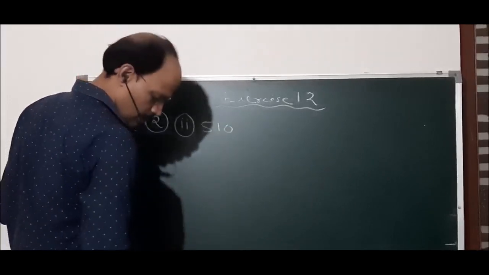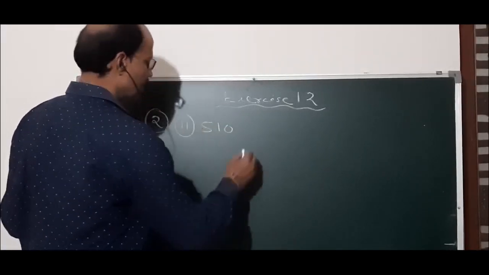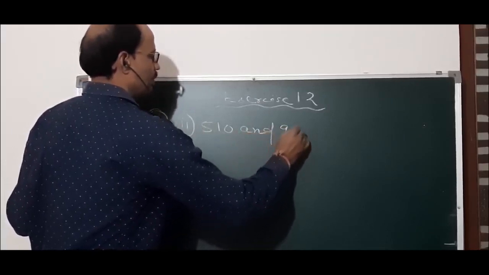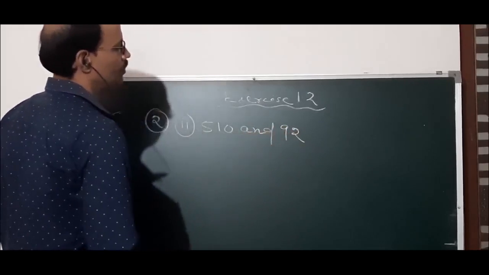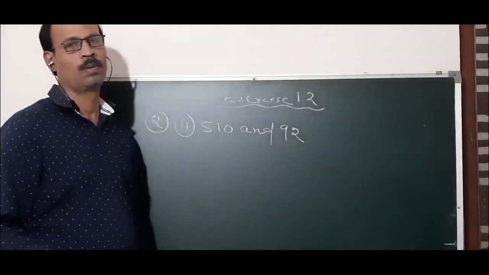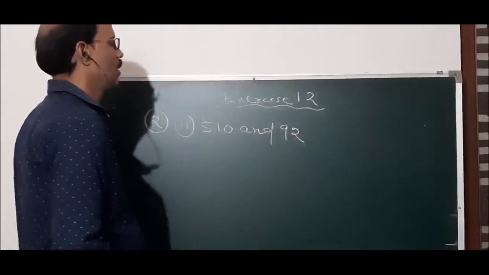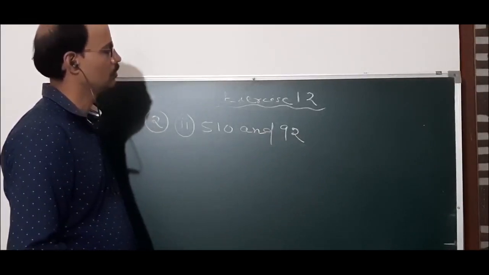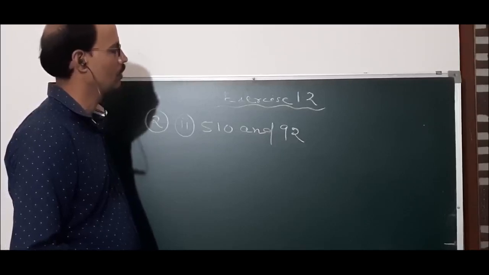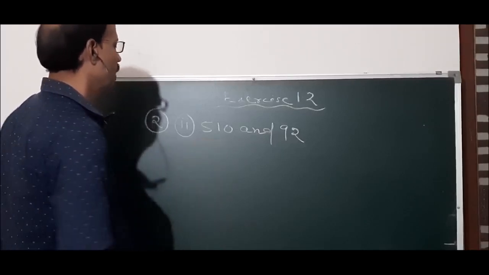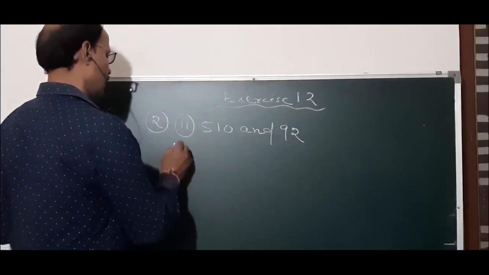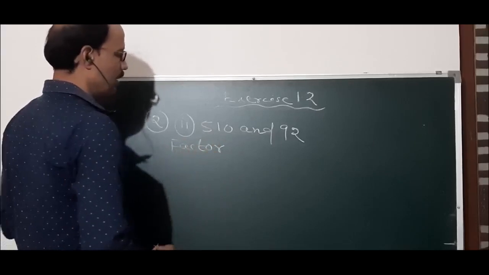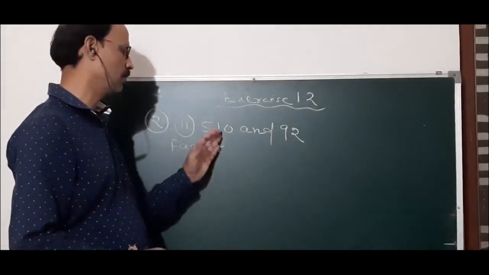The numbers given are 510 and 92. So first we have to factorize, because to calculate LCM and HCF, first we have to factorize.